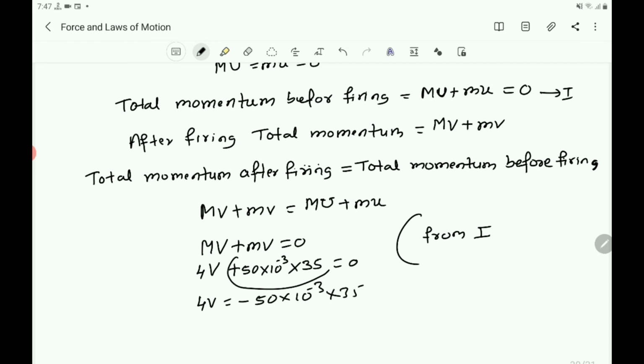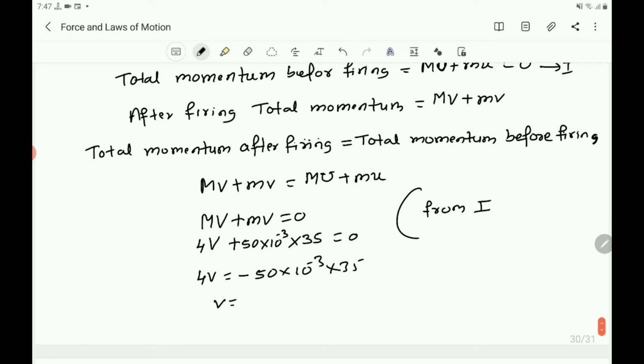Here it is shifted to the RHS, so it becomes minus. Then V equals minus 50 into 10 to the power of minus 3 into 35 by 4.